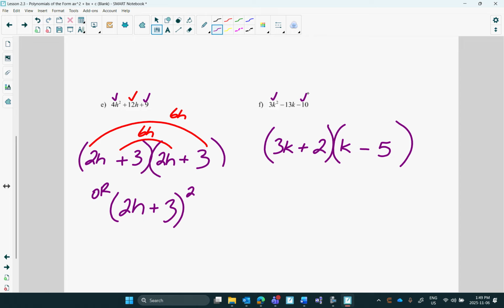Now I'm going to check to see if I get the middle. So I'm going to multiply the outside. 3k times negative 5, negative 15k. 2 times k, 2k. And what's negative 15k and 2k? Negative 13k. Found it the first shot again.